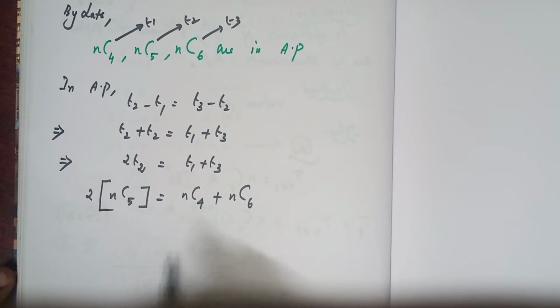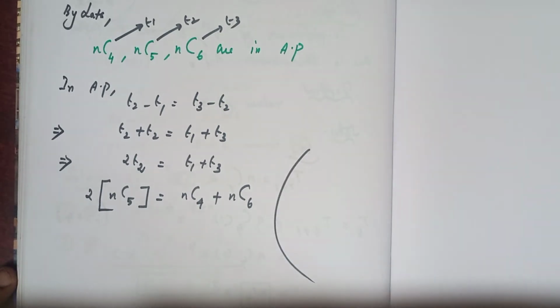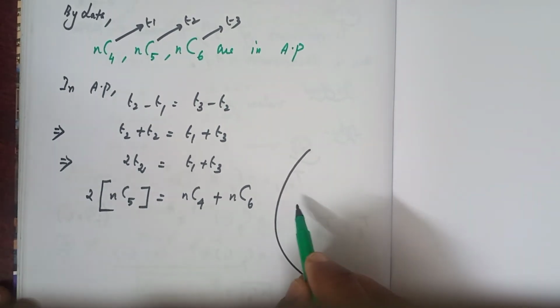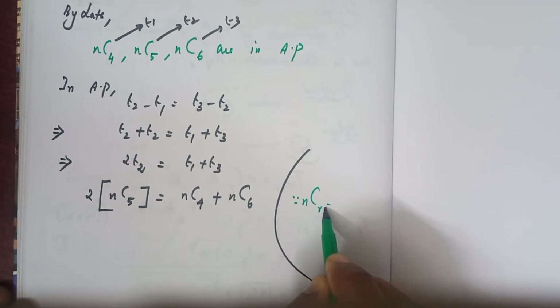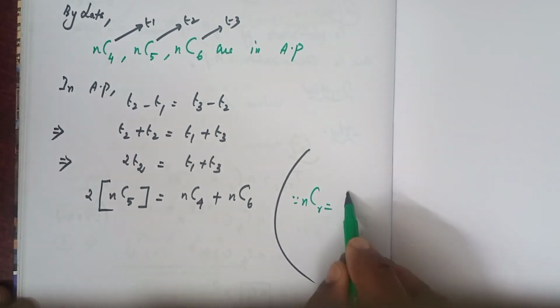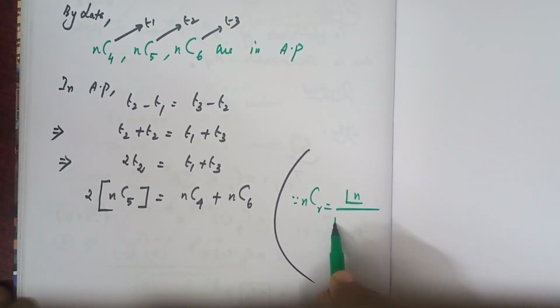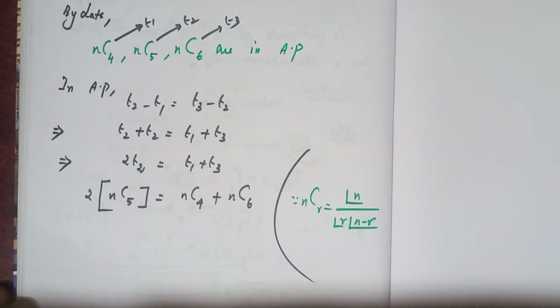Now we know the formula for NCR. NCR equals factorial n divided by factorial r into factorial n minus r.